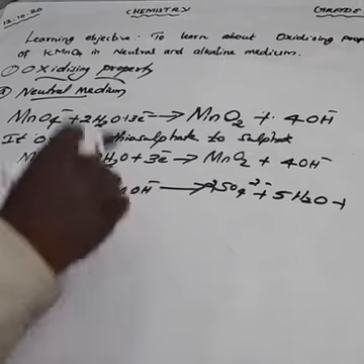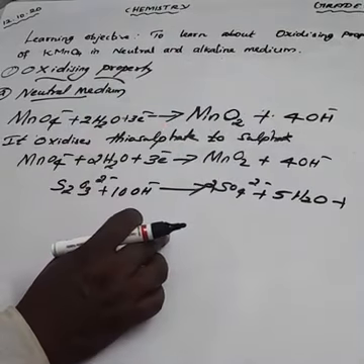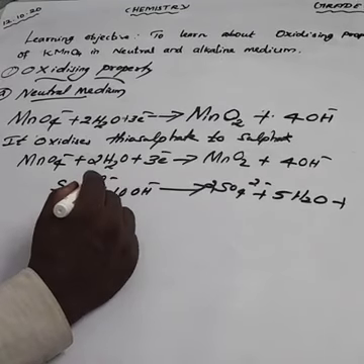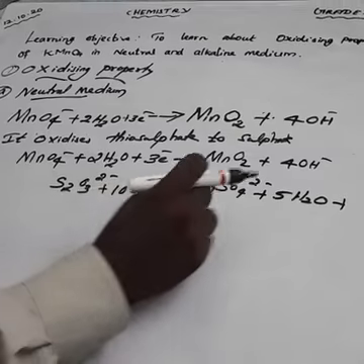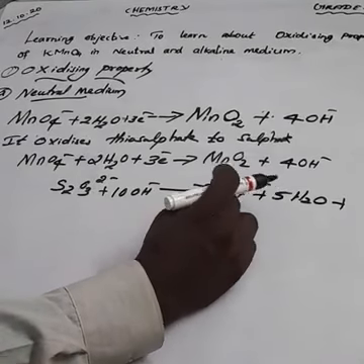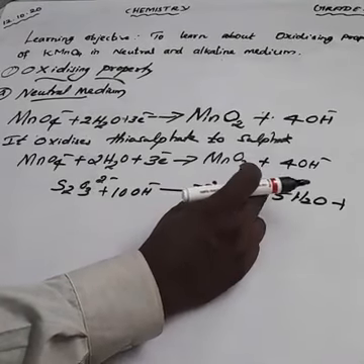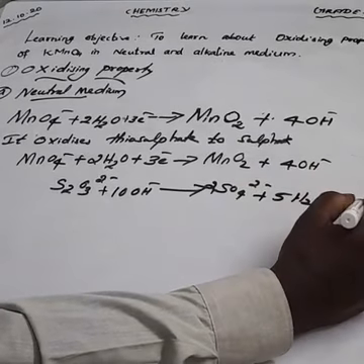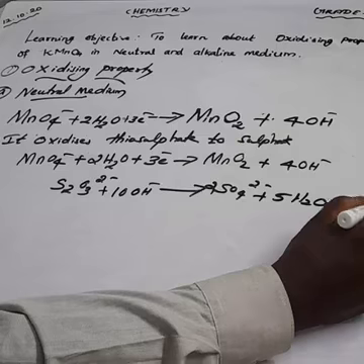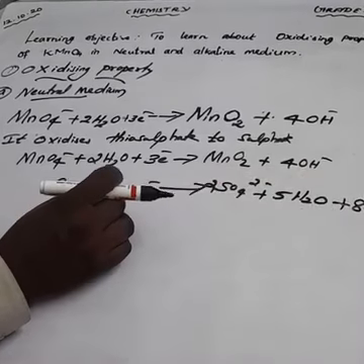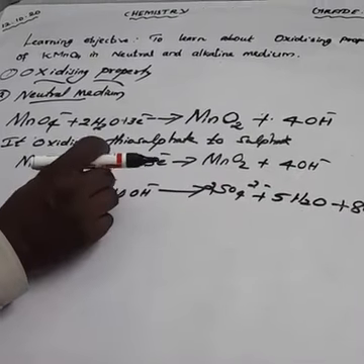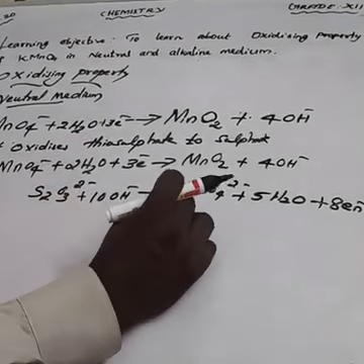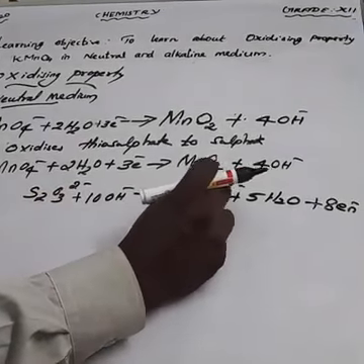Next you should find out the charge. Here having charge 10 plus 2, that is 12. But here having only 2 into 2 is equal to 4.